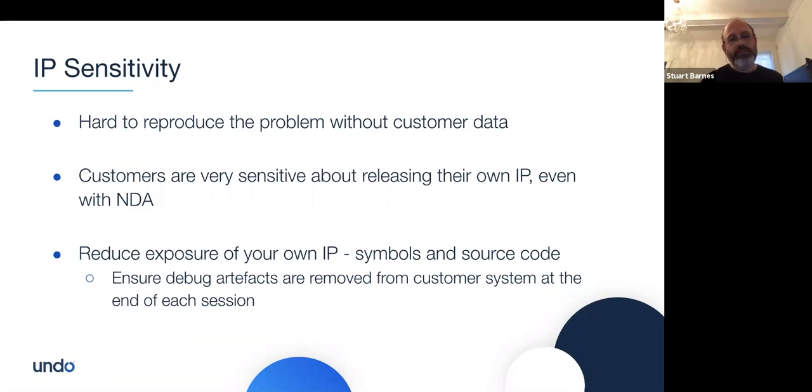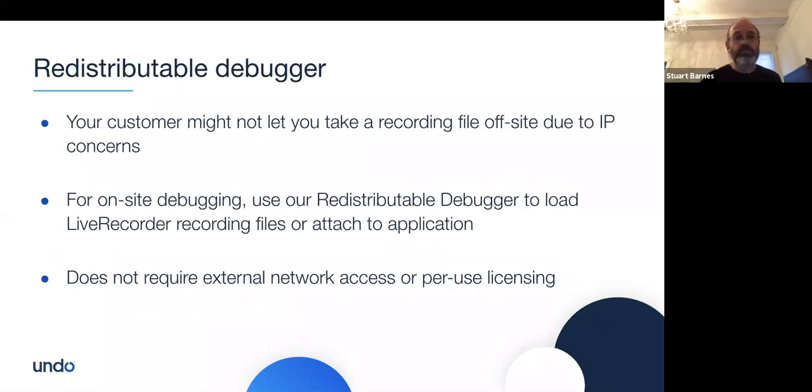Certainly, remembering if you do go to your customer site, either physically or remotely, remembering to remove those debug artifacts, those symbols. Obviously, you probably wouldn't include source code there, but remembering to do that's important. And failure to do that can expose internal workings of your application to third parties. So IP sensitivity is really an important aspect of working remotely, and we try to mitigate any issues there with a number of tooling.